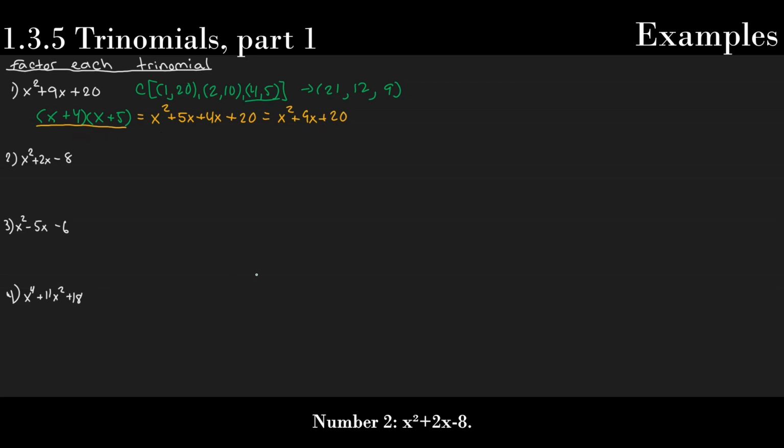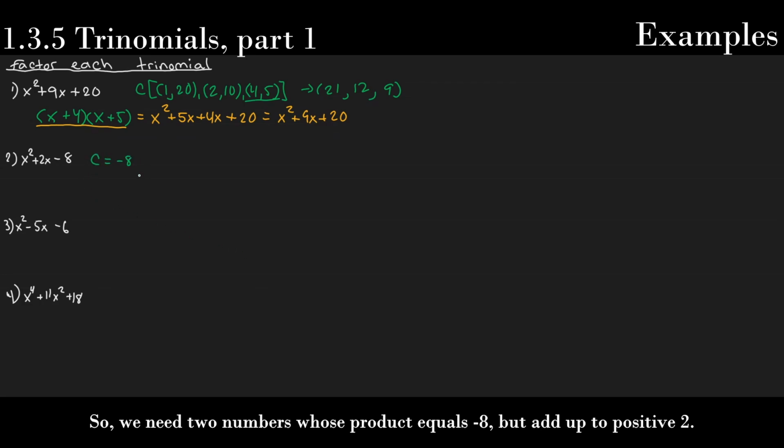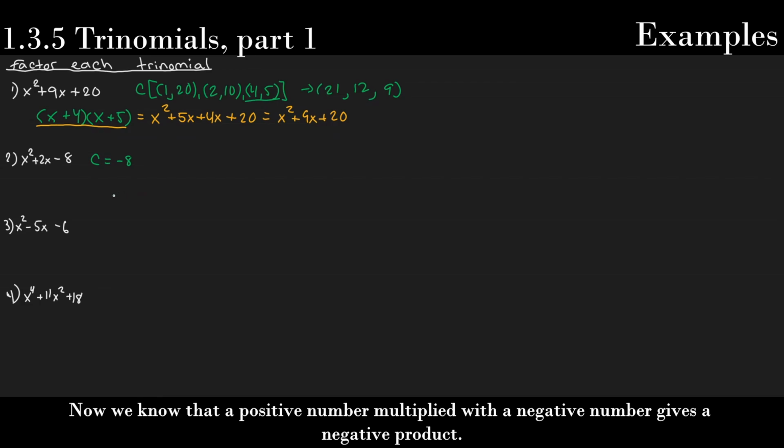Number 2, x² plus 2x minus 8. Now we have a trinomial with a negative number. This means c equals -8. So we need 2 numbers whose product equals -8 but adds up to +2. Now we know that a positive number multiplied with a negative number gives a negative product.